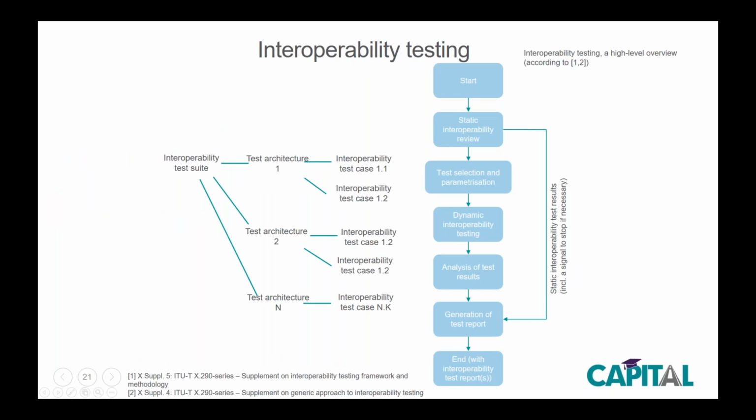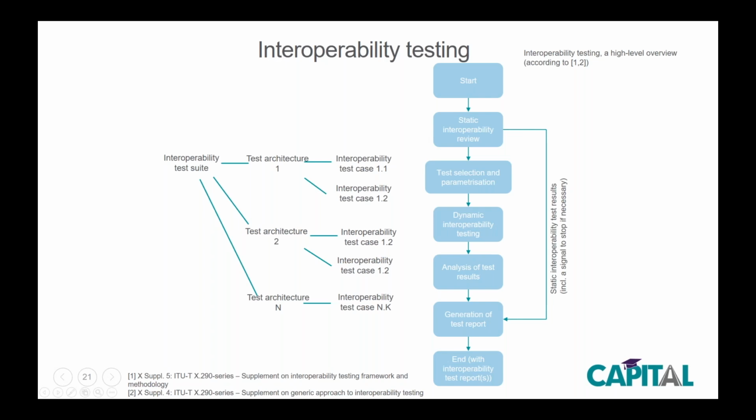Then to interoperability testing. The process of interoperability testing is somewhat similar to conformance assessment. On this slide, you can see a high-level overview. First, there is a static interoperability review that compares the stated functionality of the system against relevant specifications.